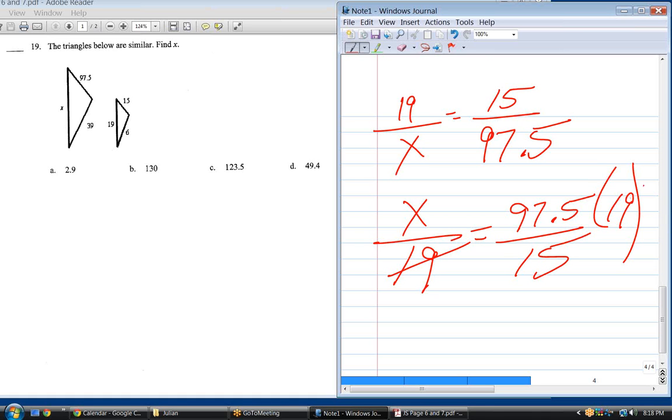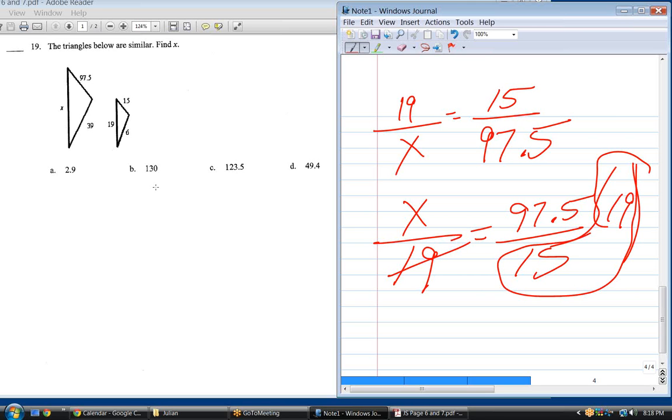So let's see. This is like 19/15 times 97. So I know it's not A. It's not D. It has to be a number bigger than 97, and I can't estimate it based on these two, so you'd have to use a calculator to figure out which one it is. I'm guessing it's 130. Do you have a calculator?